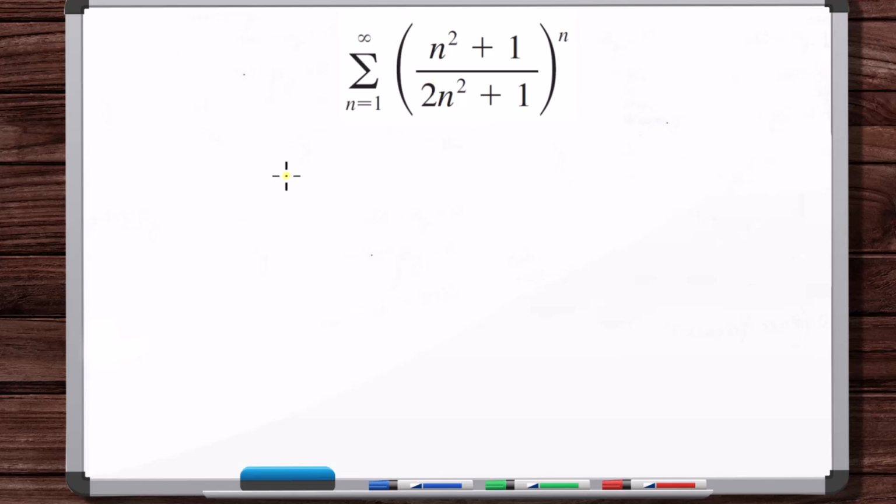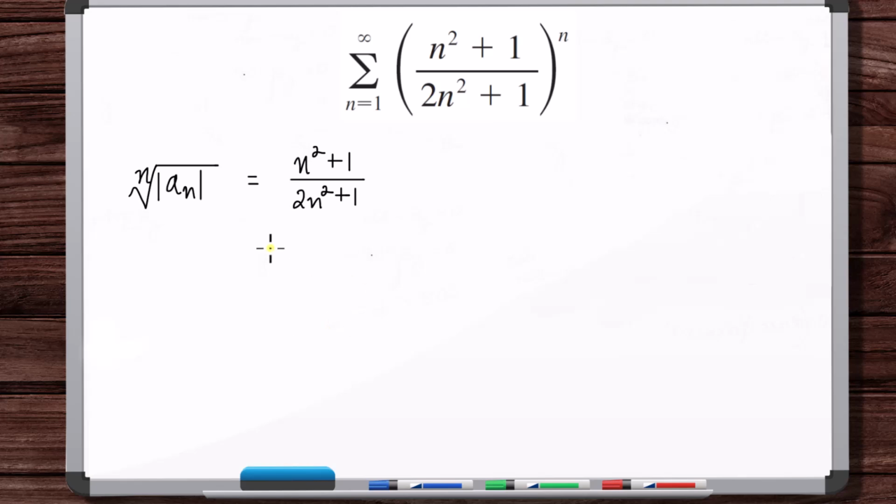This entire a sub n, and then put that under an nth root. And then we're going to be taking the limit as n goes to infinity of that. So, all right, the absolute value of this, there's no need to use the absolute value. This is always positive. So, okay, we've got the nth root of the absolute value of a sub n. So the nth root of the absolute value of a sub n is n squared plus 1.